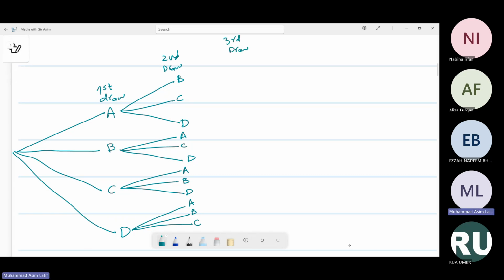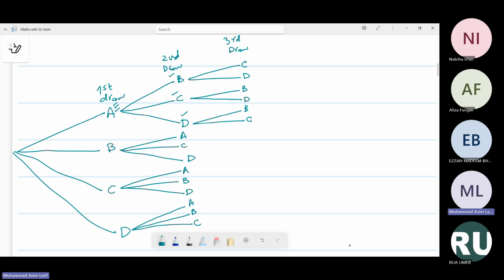once we have got A and B, the third draw may contain either a C or a D. And if the first two draws were A and C respectively, the third card drawn might be B or D. Similarly, after drawing A and D, we can have B or C. Okay.